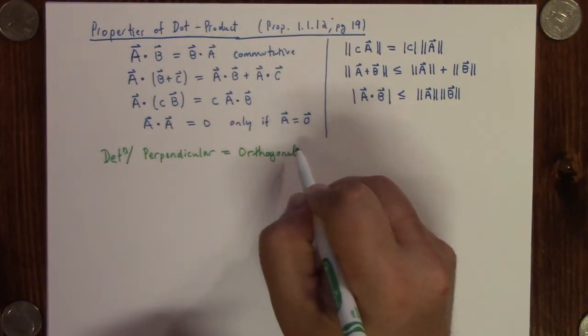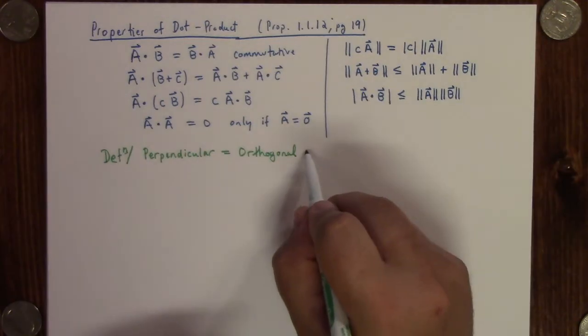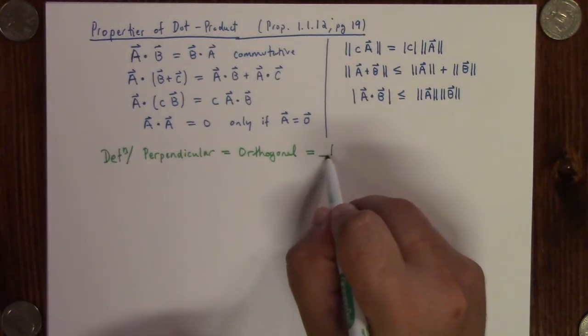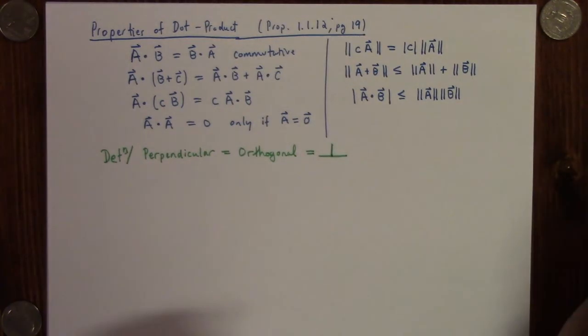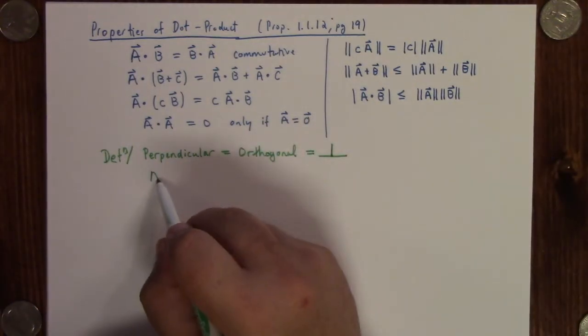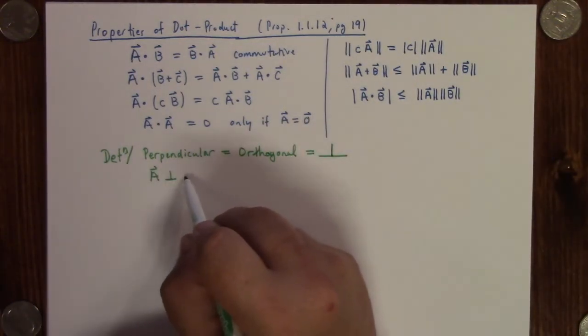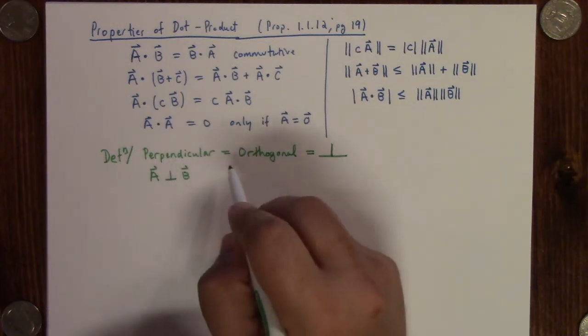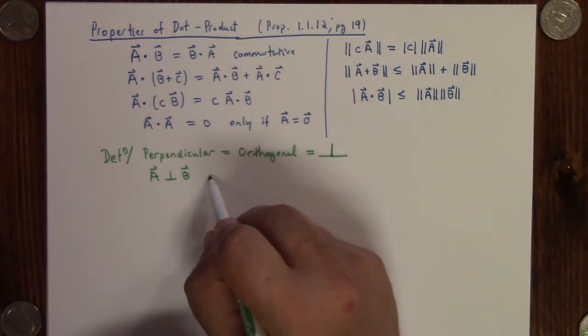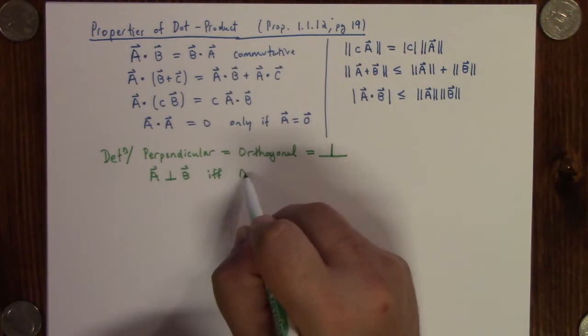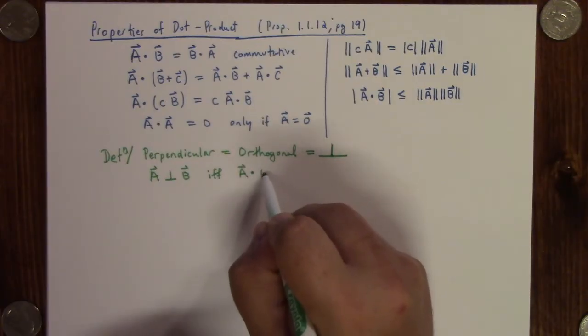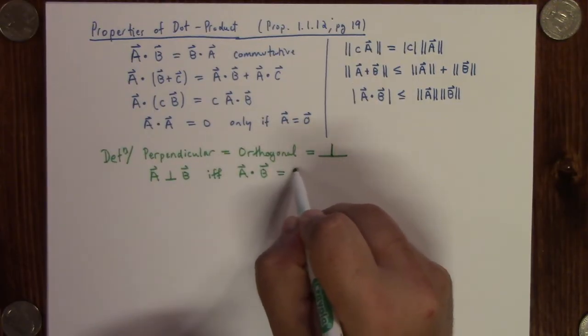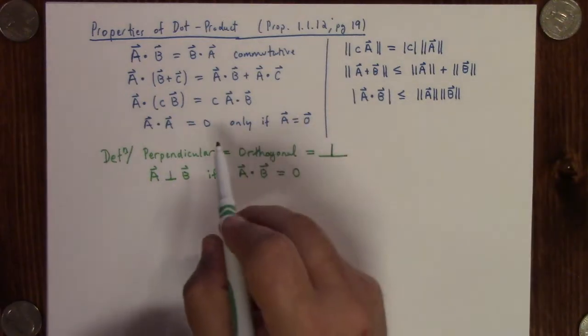But what they mean is that they meet at right angles. And as a shorthand, I use this symbol, perpendicular. All right. And so vector A is perpendicular to vector B, or A and B are orthogonal, if and only if A dot B is equal to 0. All right, so that's the definition.